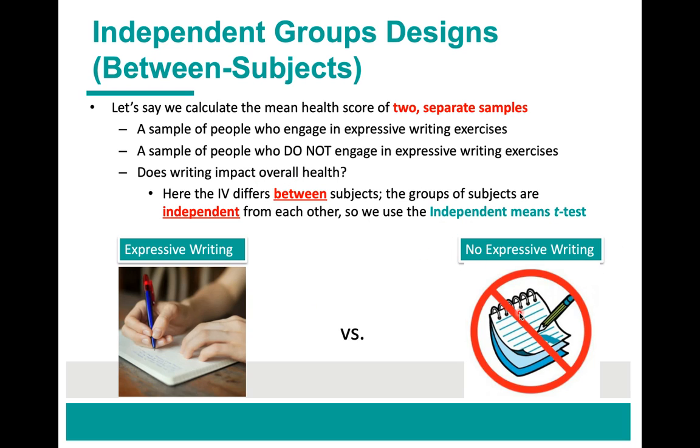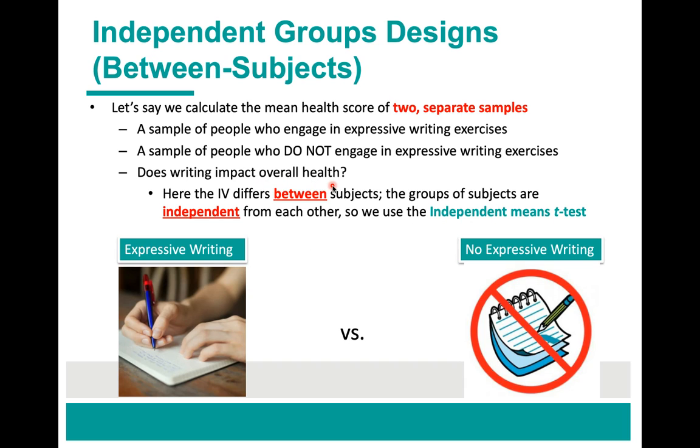So what we're doing is we're setting up two independent groups. Let's say we get 20 people. We randomly assign 10 of them to engage in expressive writing. And then we randomly assign 10 of them to do nothing, right? To not expressively write. And then we're going to wait a little while, and then we're going to measure their health. At this point, it's not really important how we measure their health.